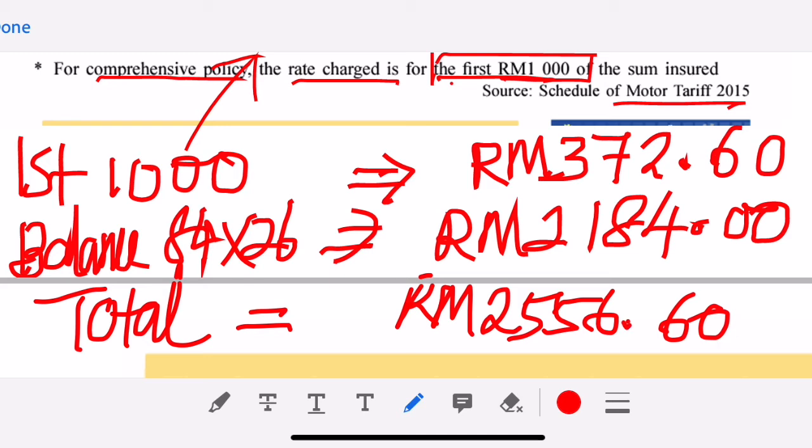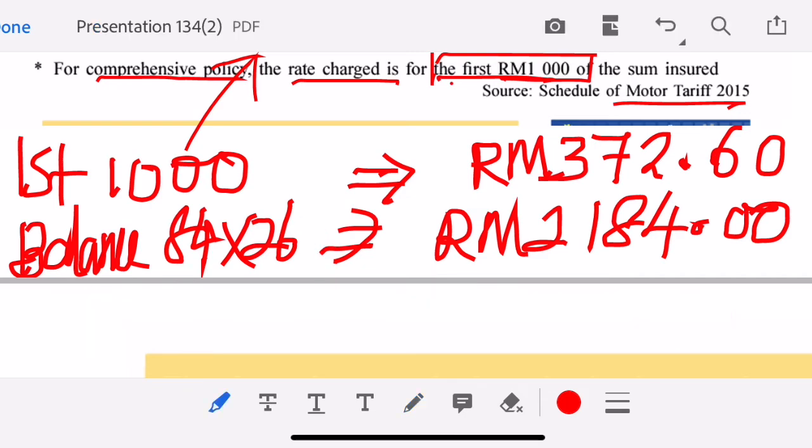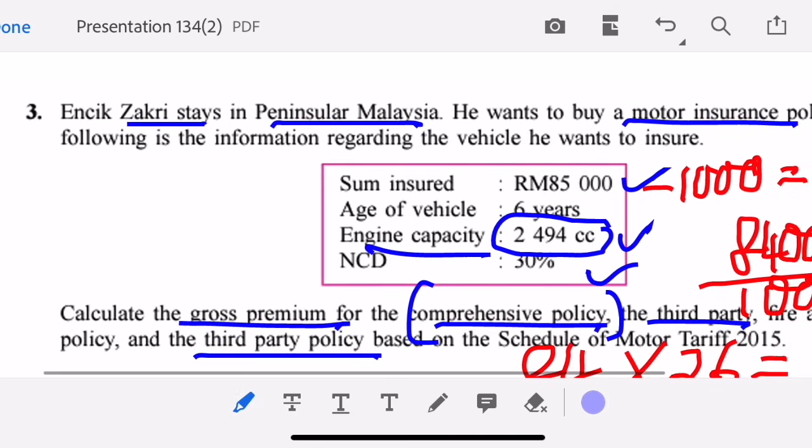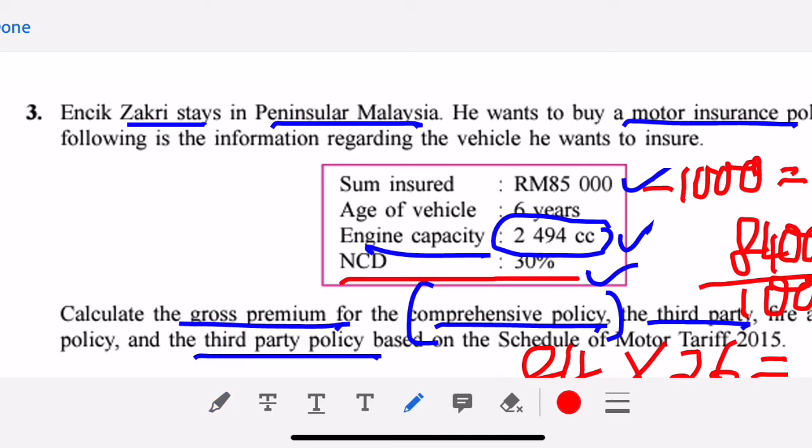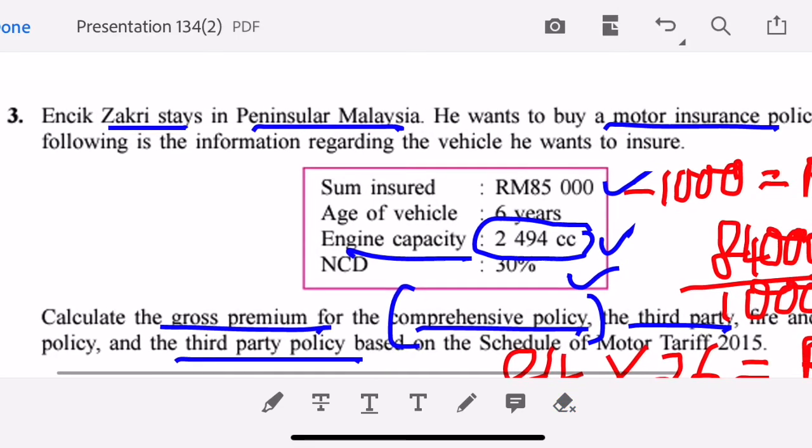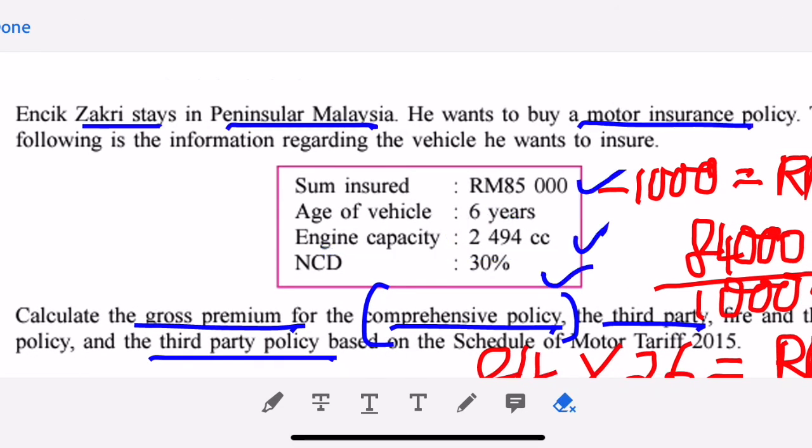Okay, so this is actually the gross premium. According to the information given, Encik Bakri is entitled to NCD, right? 30%. So we are going to minus it out because it's a discount.